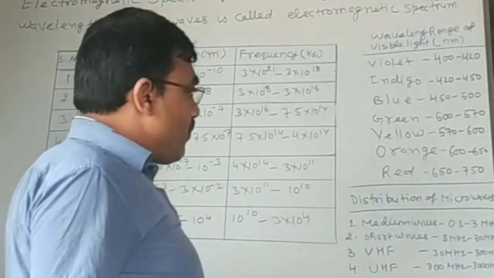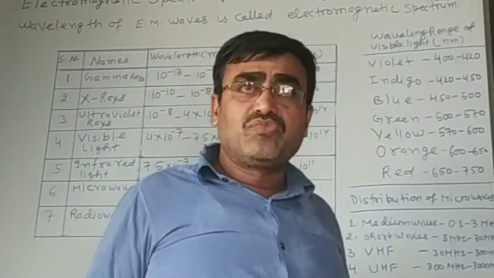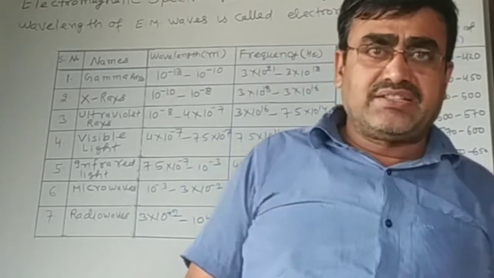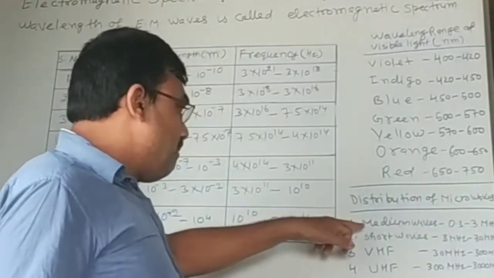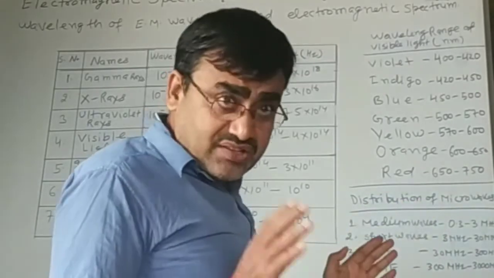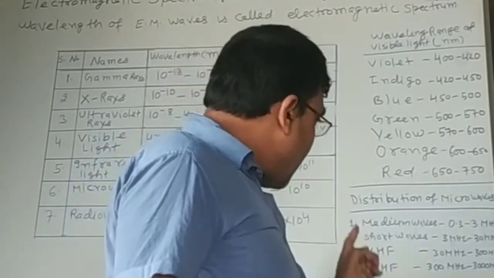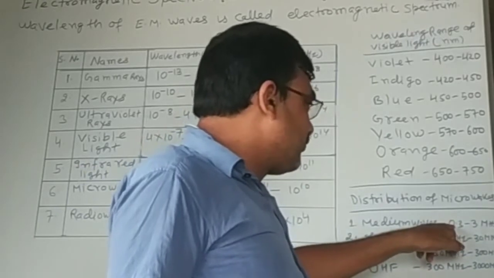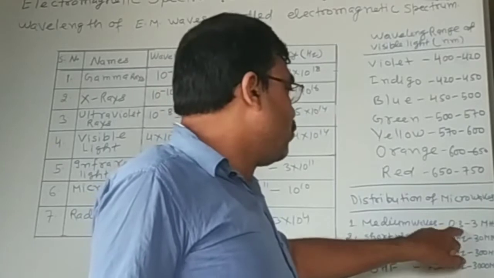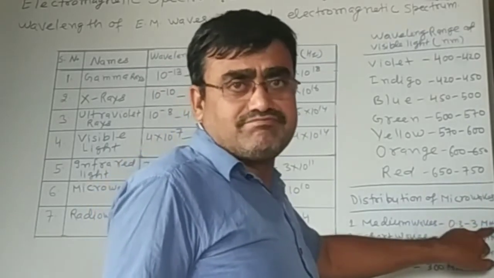Similarly, microwaves have 4 main components. Look here. Medium waves, whose frequency range varies from 0.3 megahertz to 3 megahertz.